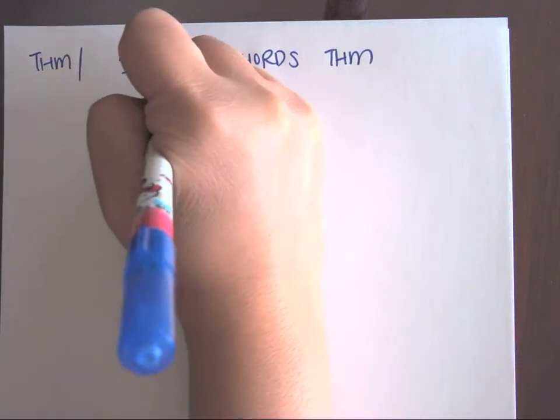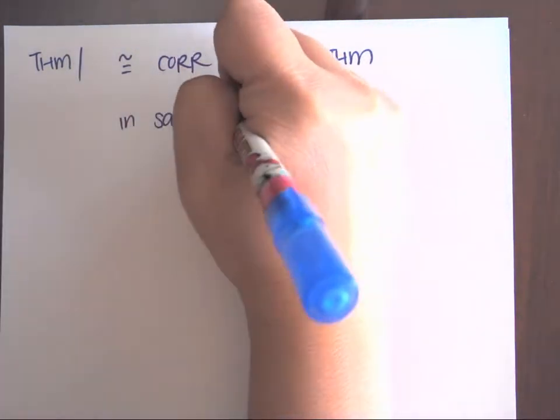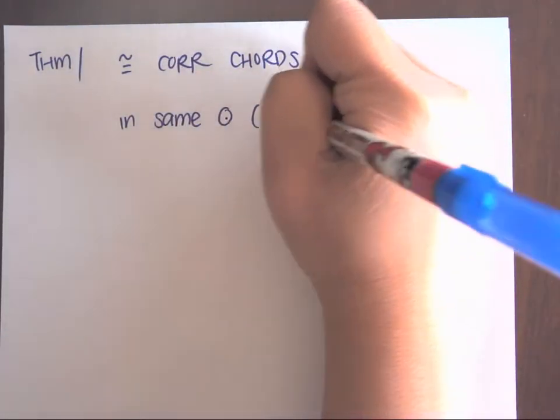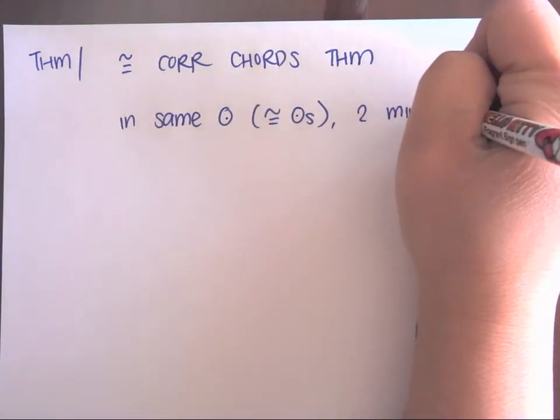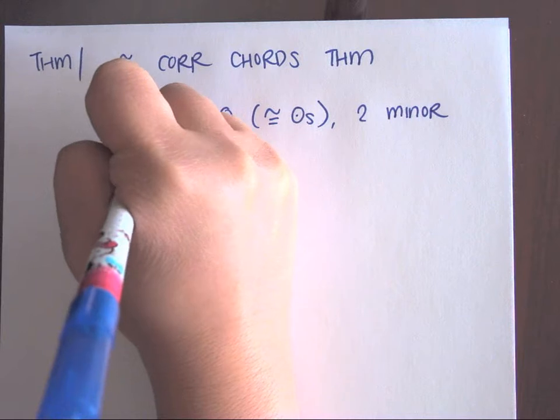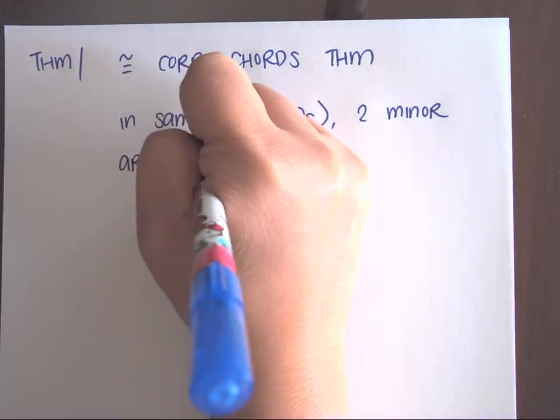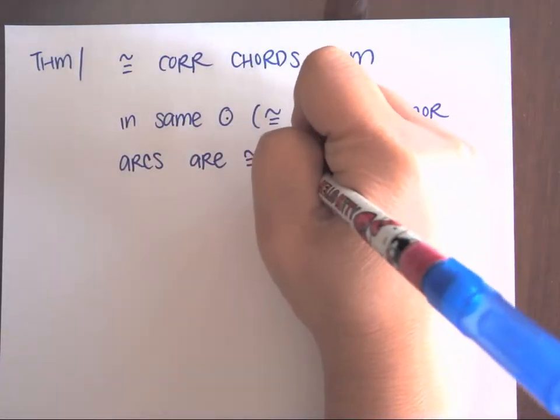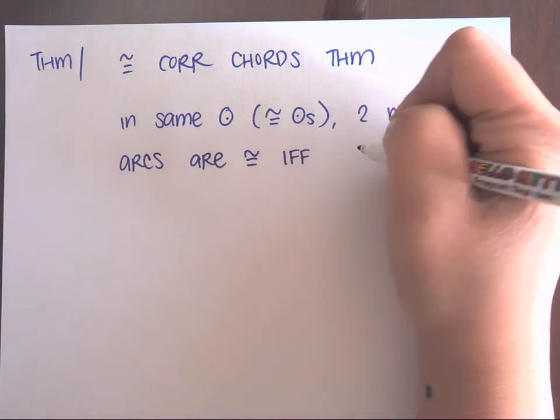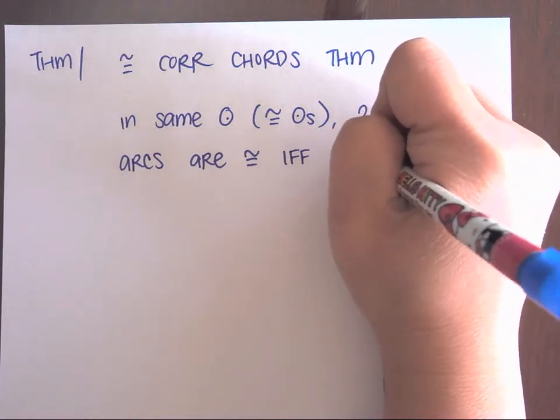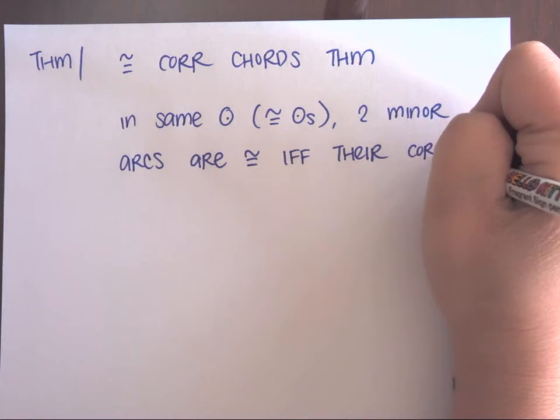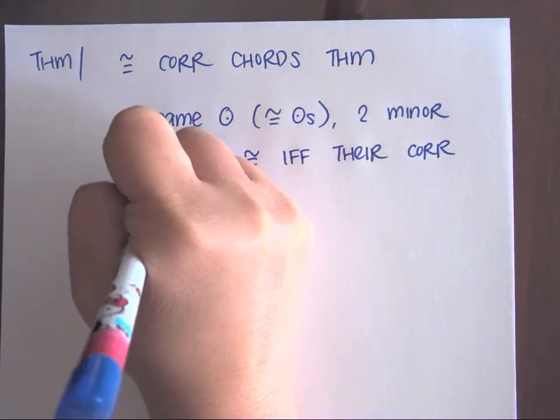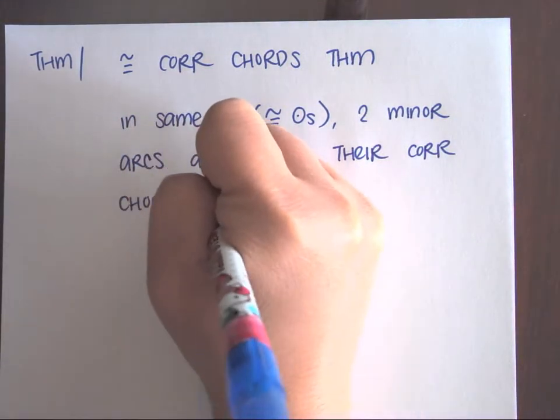In the same circle or congruent circles, two minor arcs are congruent if and only if, that means this is biconditional, the converse is true, if and only if their corresponding chords are congruent.